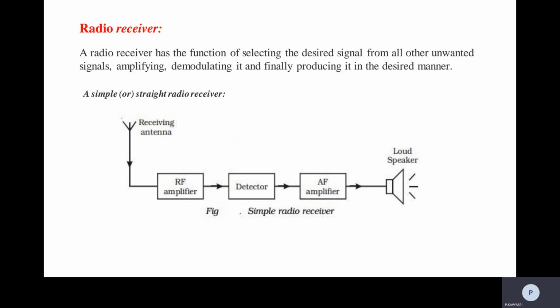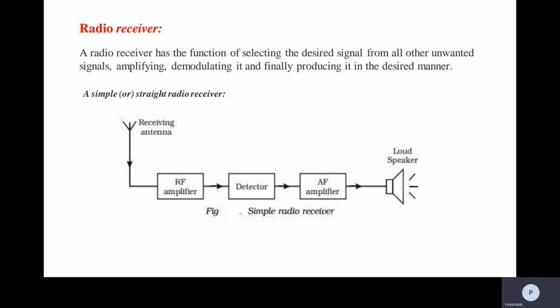So radio receiver means, for example, if I have many signals, the radio receiver's function is to select only the desired signal and reject all the unwanted signals, and it amplifies and demodulates and produces it in a desired manner.